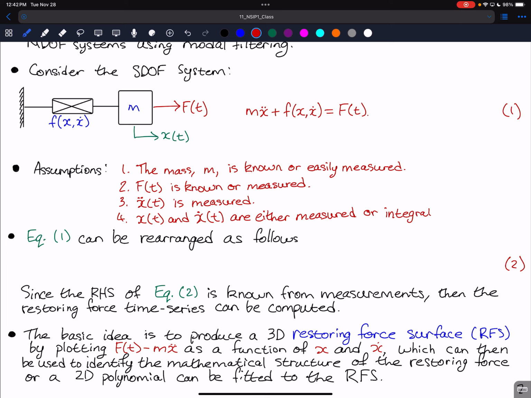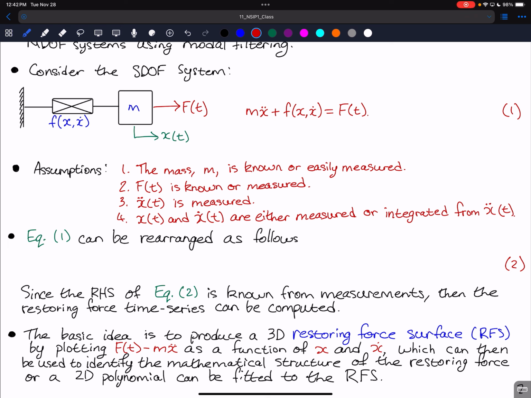They're integrated from x double dot of t. And that process might include filtering as well if needed. So generally, we want to start with an acceleration and then integrate up into velocity and displacements if you can.